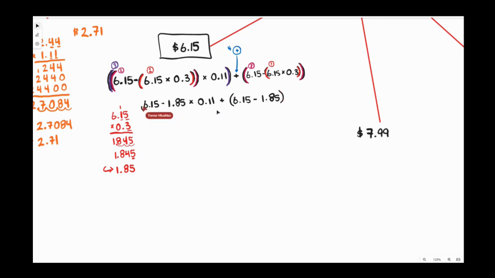And I'm just going to make sure that my brackets are back in place. Okay. I've gotten rid of the red ones, so now I move on to my pink ones. So my pink ones are right here and right here.